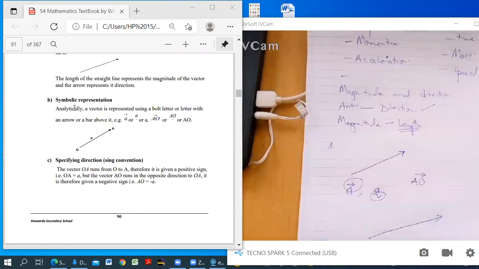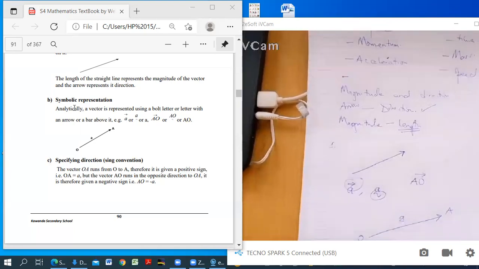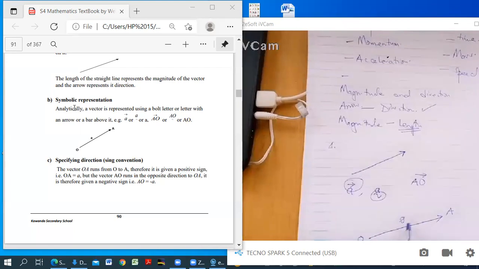We have this point O, then point A. And that is represented by a vector A. So OA is represented by vector A. O and A, these are points along the line OA.